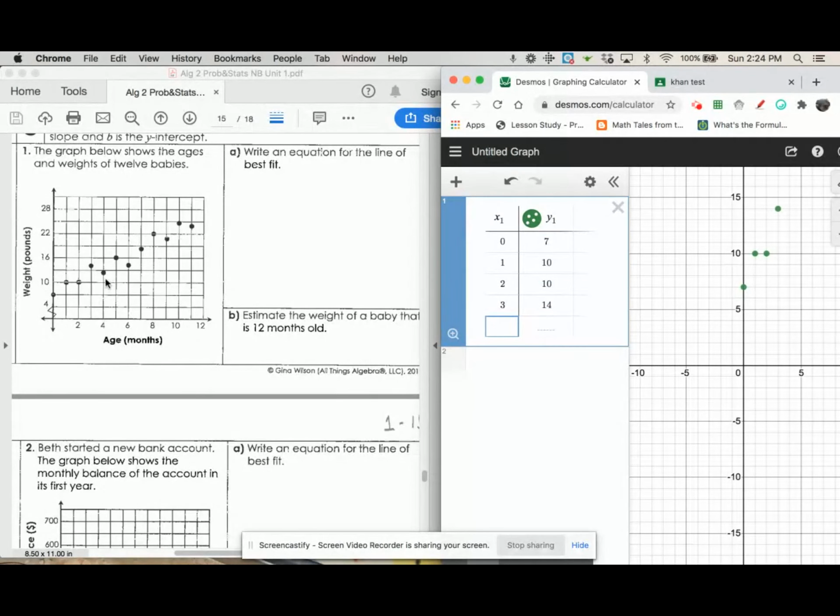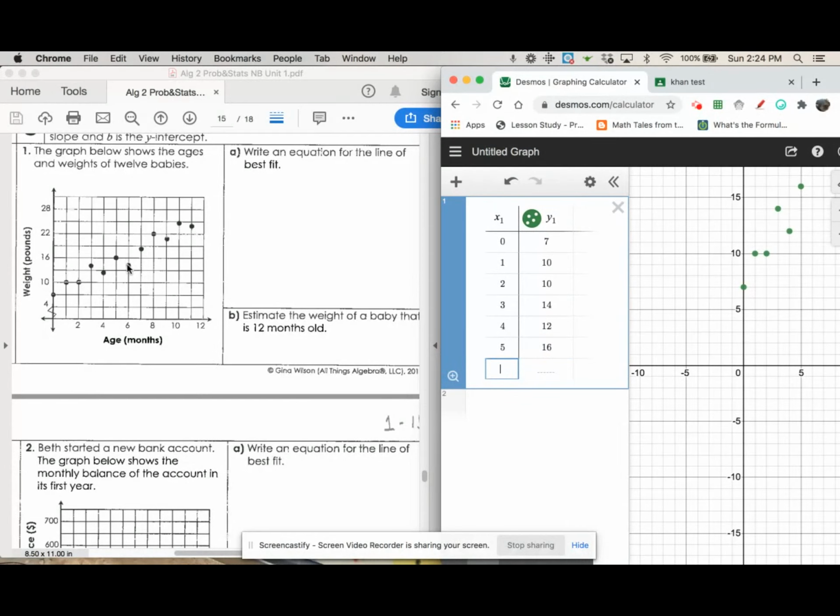The next point is 4 months. It's a little bit below 13, so I'll say 12. So it's 4, 12. And then when I get to the next one, this is 5 months, and it's right on 16. So 5, 16. My next one is 6, and this is above 13.